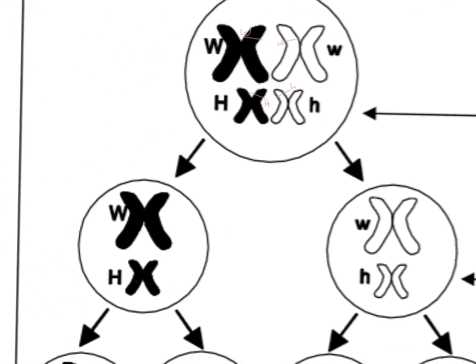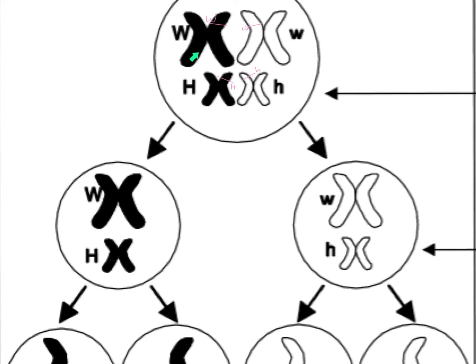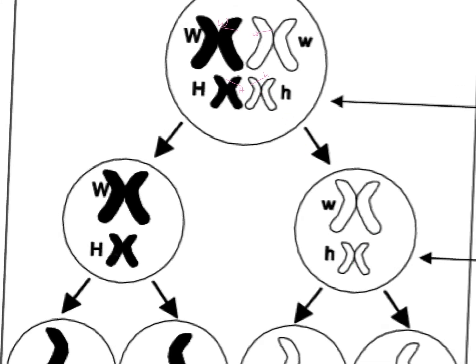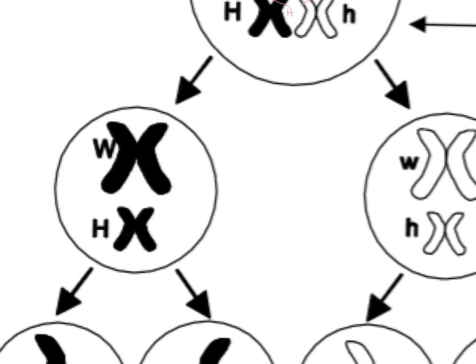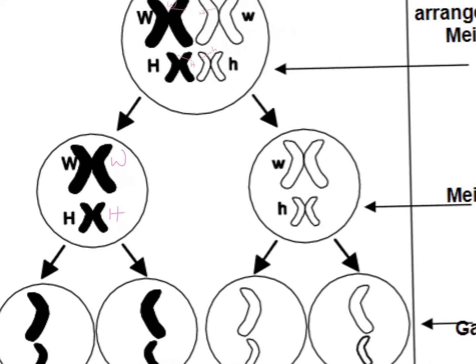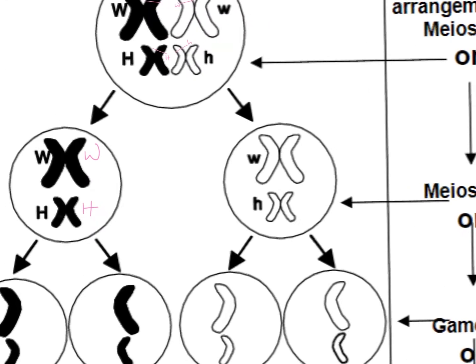So one thing that could happen is that you could get the big W coming over here and the big H coming over here. Then the little w goes over here and the little h comes over here. So remembering again that these are both big W and big H, right? And then there are two copies here because this is little w here and this is little h here, right?